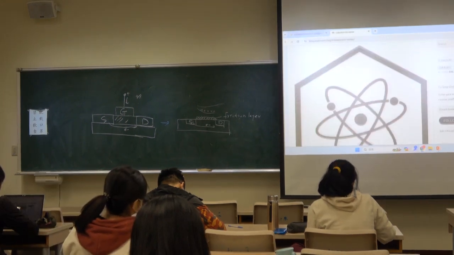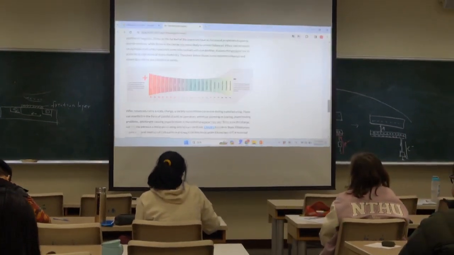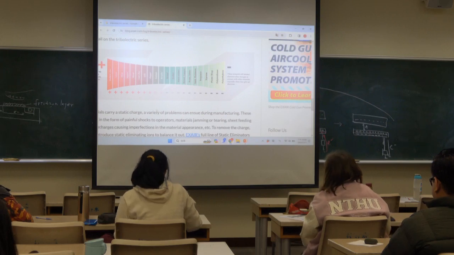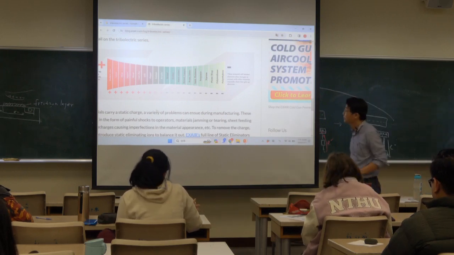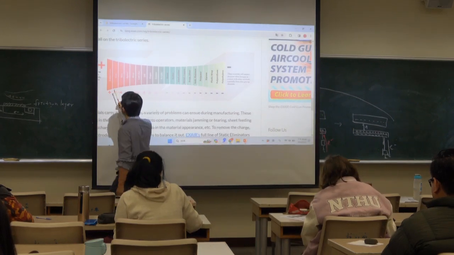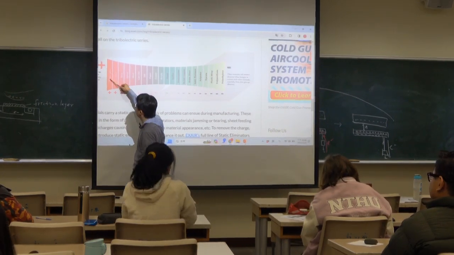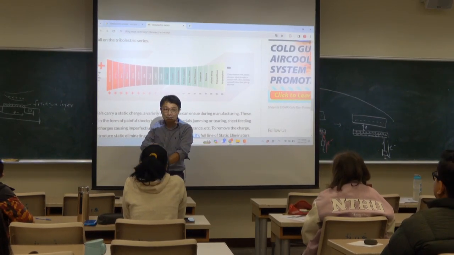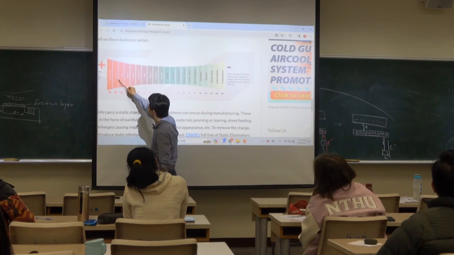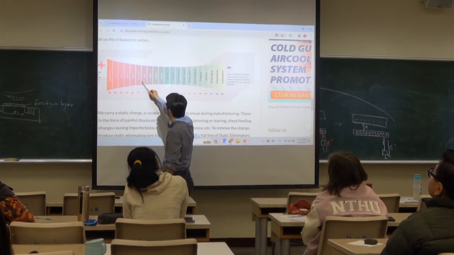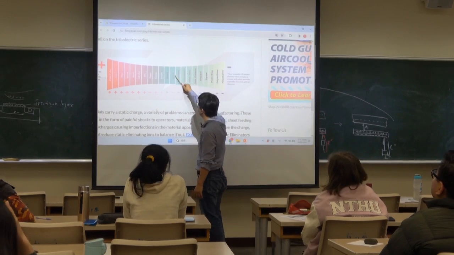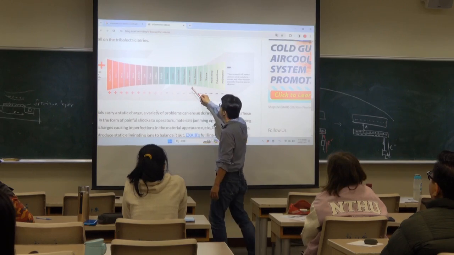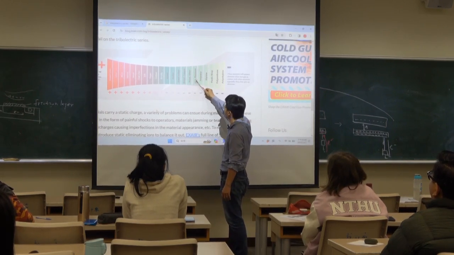If we look at this table, here is rabbit fur, glass, mica, nylon, wood, and then around here is the metal: nickel, copper, silver, gold.